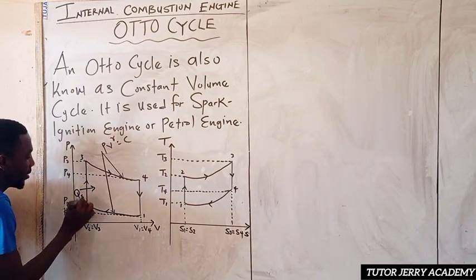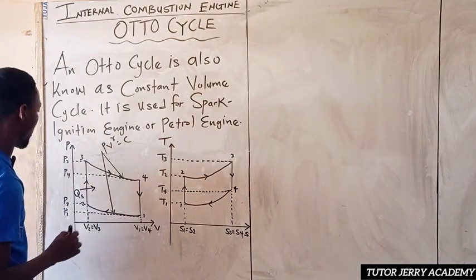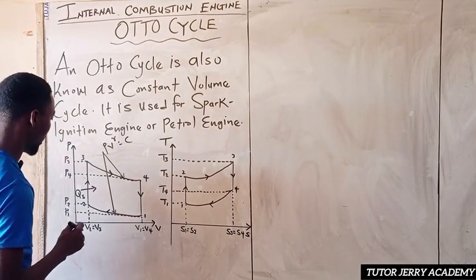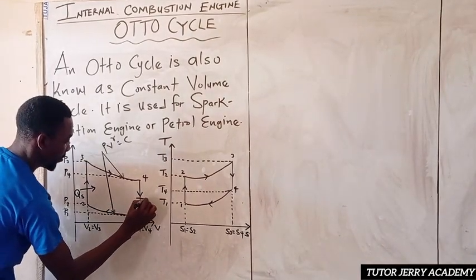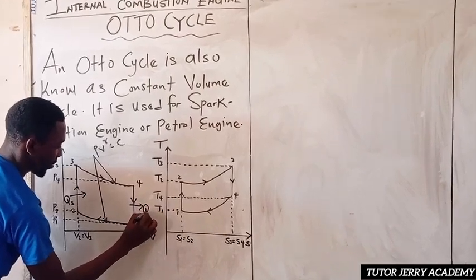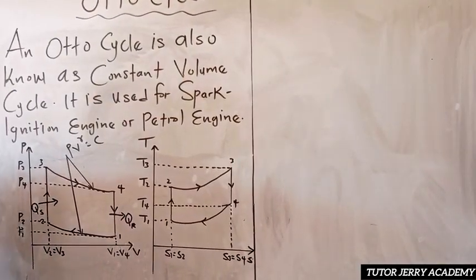Our constant volume heat supply, and here we have our constant volume heat rejection.